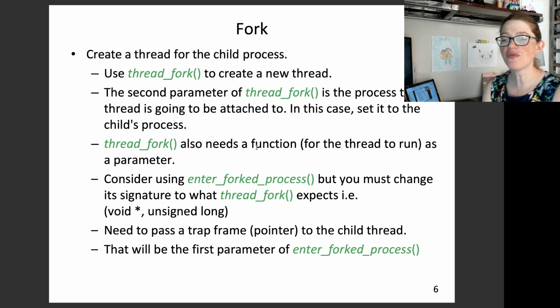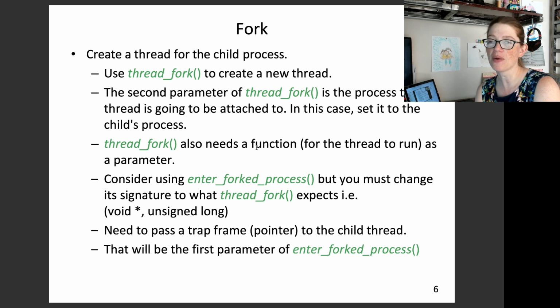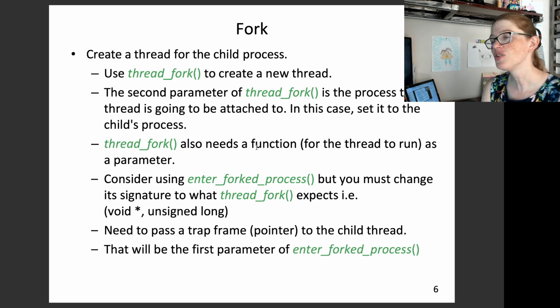So if you look at thread fork, the second argument of thread fork is actually a pointer to a process. And if you pass thread fork a pointer to the child process, then the new thread that is created will be attached to the child process's thread array. So you're going to make sure that you pass the child process to thread fork.